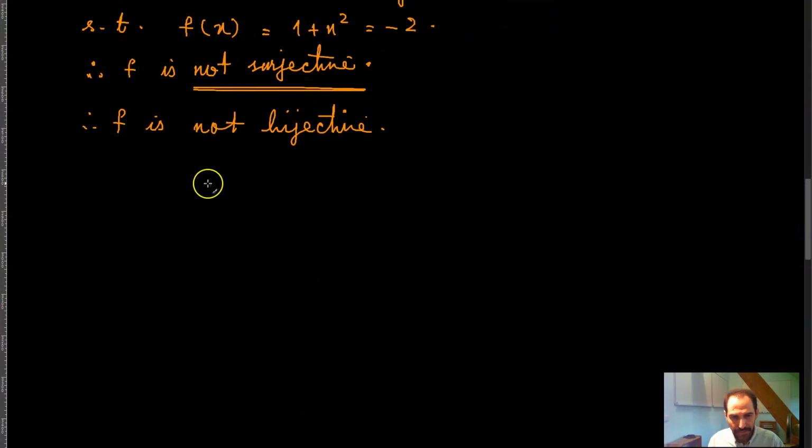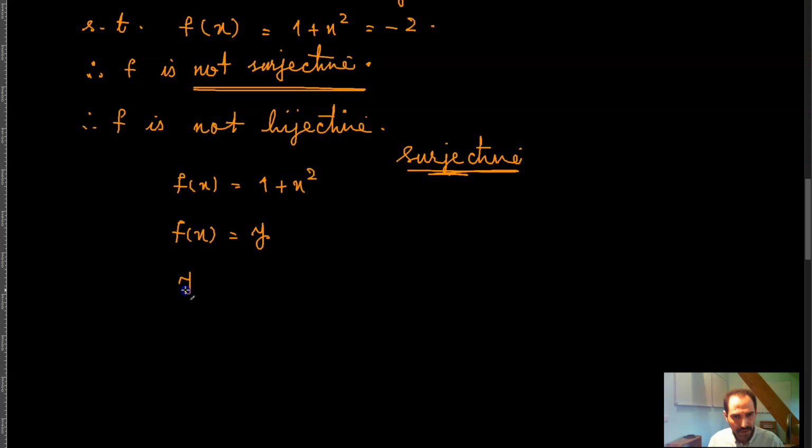Suppose that your function is f of x equals 1 plus x squared, and you want to know whether this function is surjective or not. Using the method that we had before, I say that f of x is equal to y, so y equals 1 plus x squared, and I try to find x in terms of y.